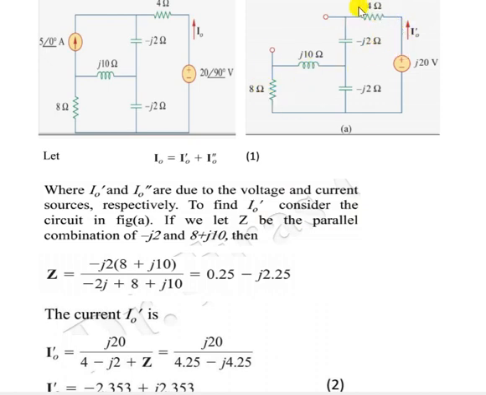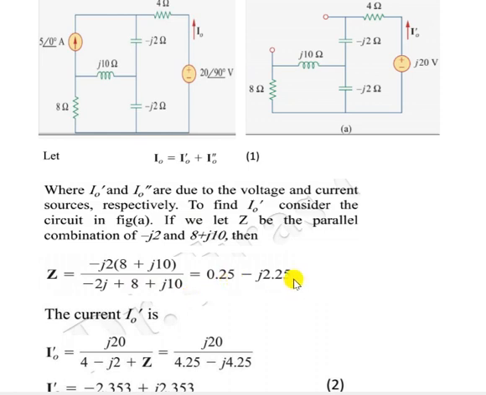So we can find out the equivalent impedance of the circuit. That is, this 8 plus J10 is in series, right? No current can flow through this path, so these two are in series. So 8 plus J10 in series will be in parallel with minus J2. Okay. So what we can write, minus J2 into 8 plus J10 divided by minus J2 plus 8 plus J10. That means Z1 into Z2 divided by Z1 plus Z2.